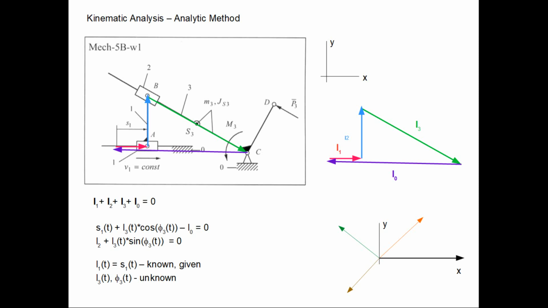But of course this kind of motion is very common in mechanisms. This is just, let's say, a hydraulic or pneumatic actuator, or maybe an electrical linear drive and so on. So we also have to analyze the mechanism in which the input motion is this rectilinear translational motion.